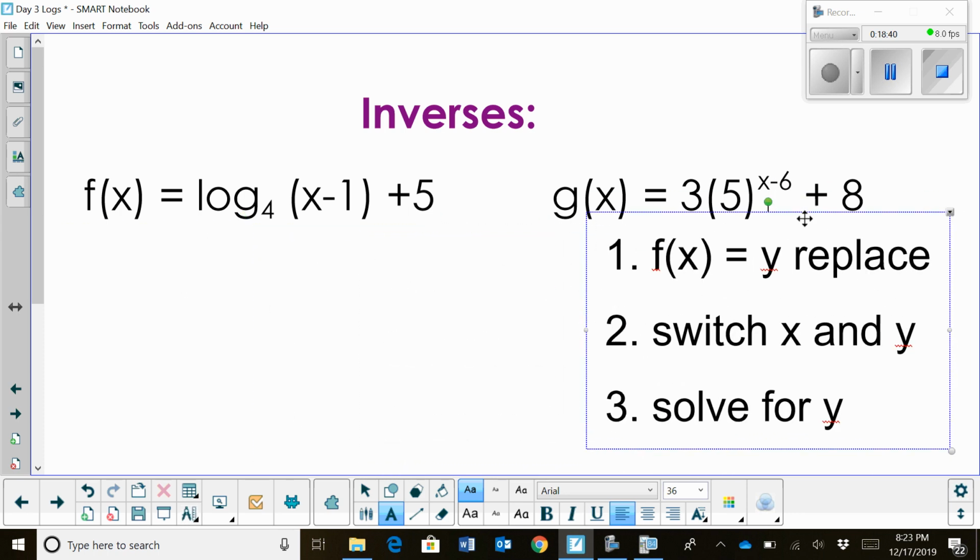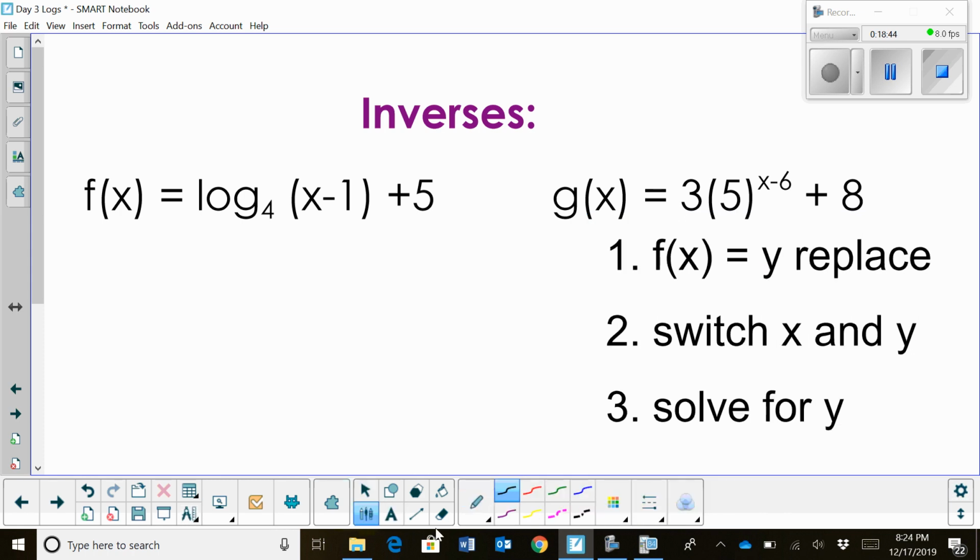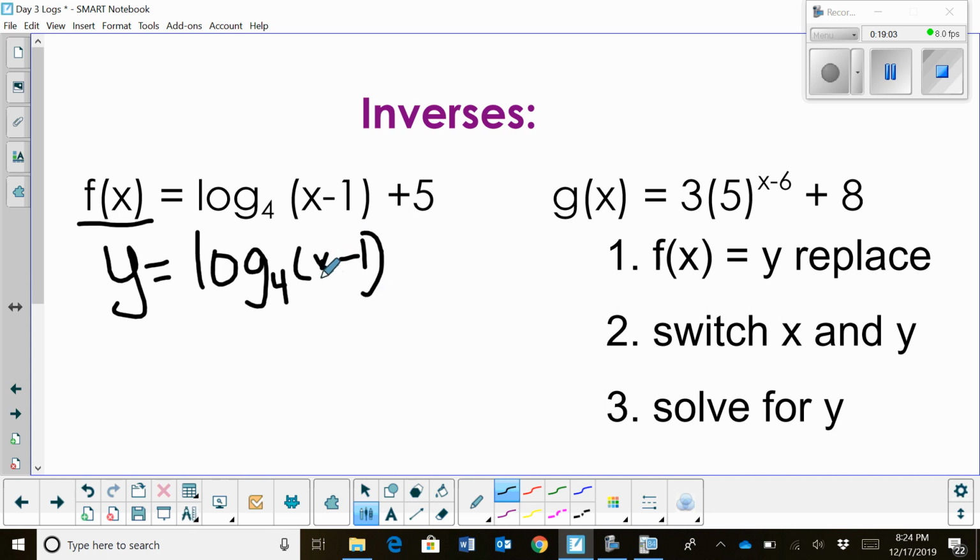So let's take those steps, starting with a log, and try to find the inverse. So our first step, we're going to replace f of x with y because that's what it is. So we're going to put y equals log base 4, and I'm not going to drop my base this time, of x minus 1 plus 5.